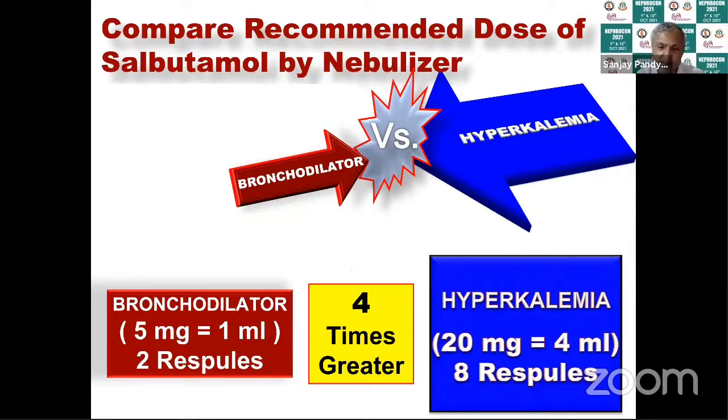So don't forget that. We say give salbutamol nebulizer, but if we don't instruct our nursing staff to give 4 to 8 respules of Asthalin, then the response will not be adequate. So using this modality in the right dose is very important.